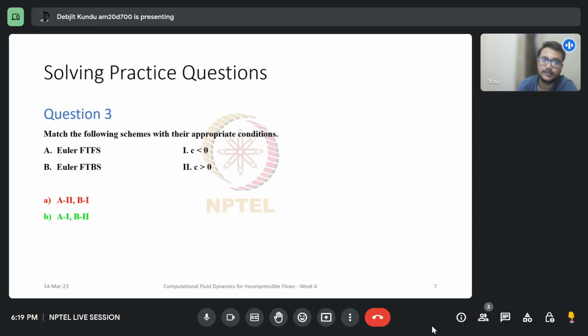Solution is option B, A1, B2, meaning FTFS is suitable for c less than 0 and FTBS is suitable for c greater than 0.